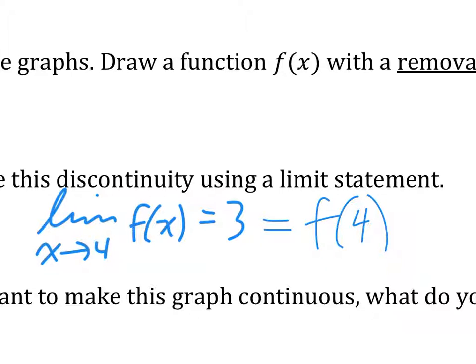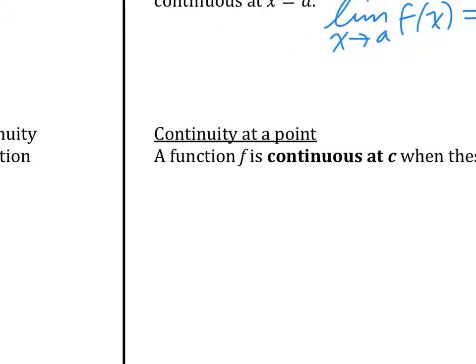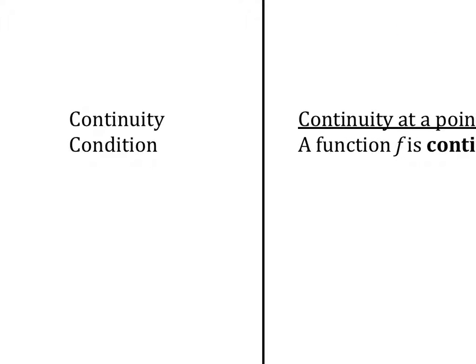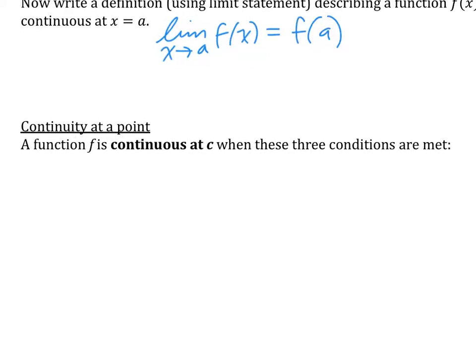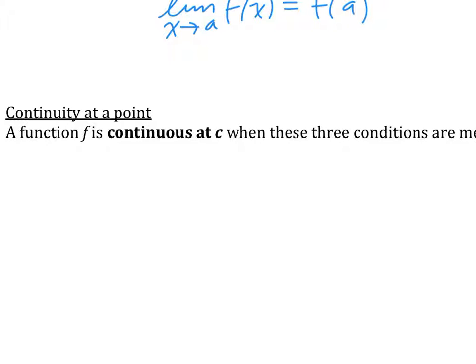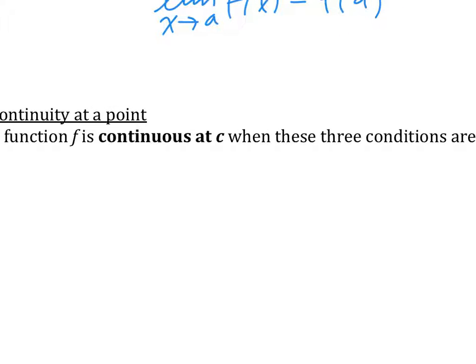Okay? So this is the big idea: the continuity condition. How do you prove that something is continuous at a point? A function is continuous at c, c meaning x equals c, when these three conditions are met.